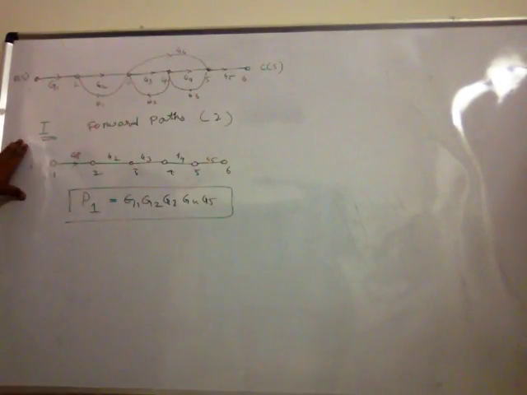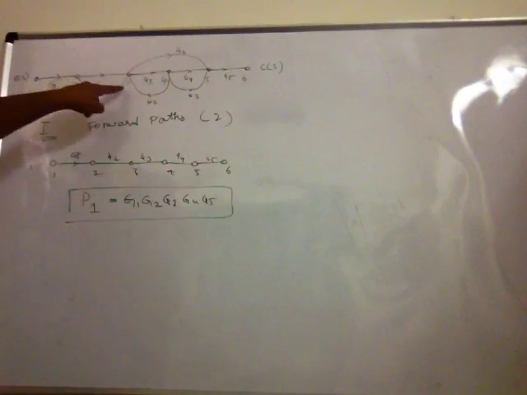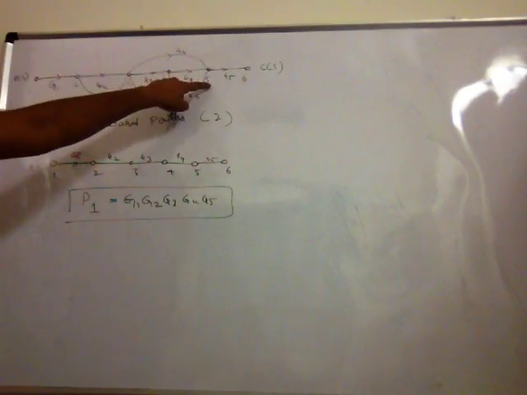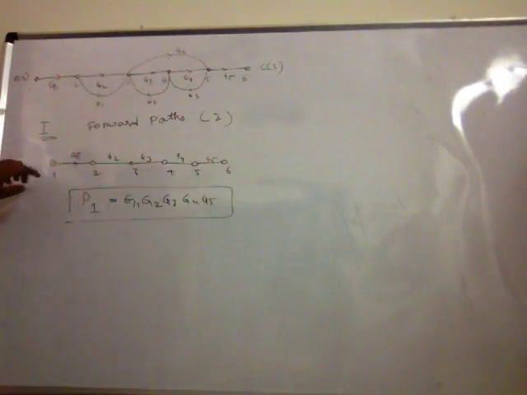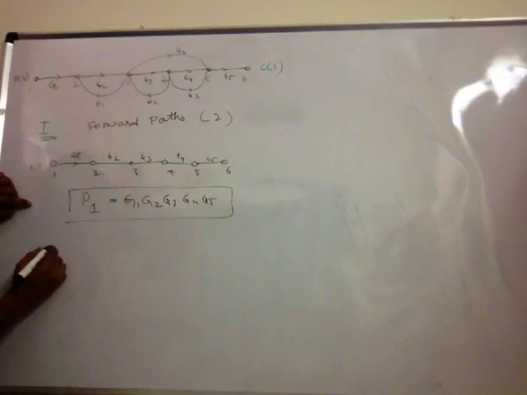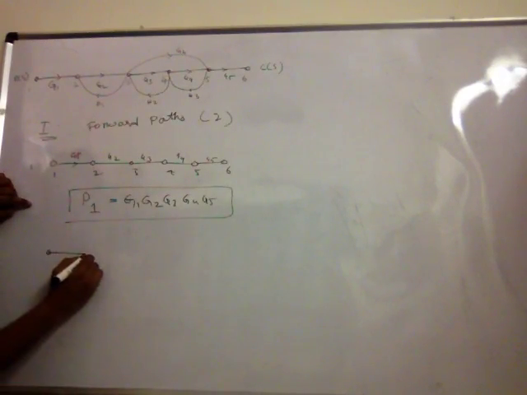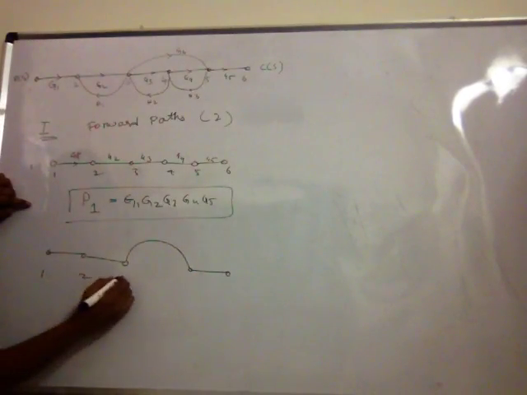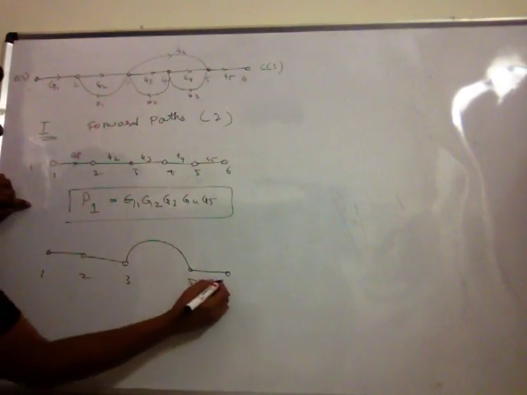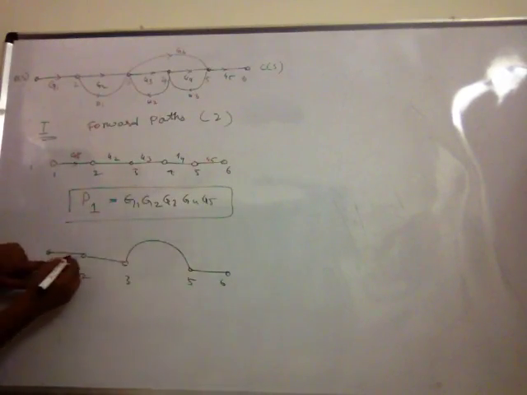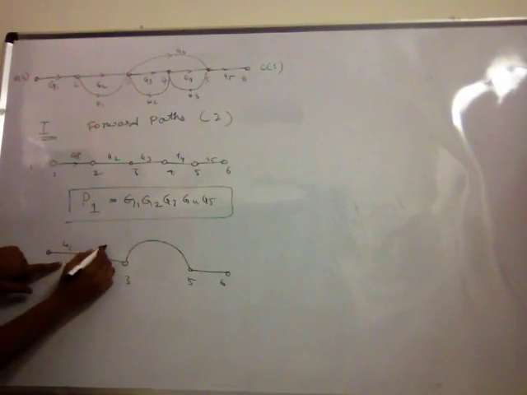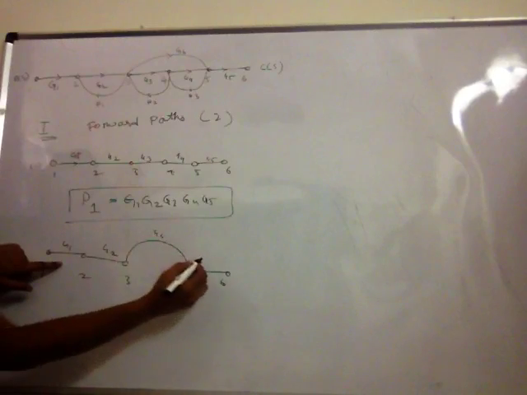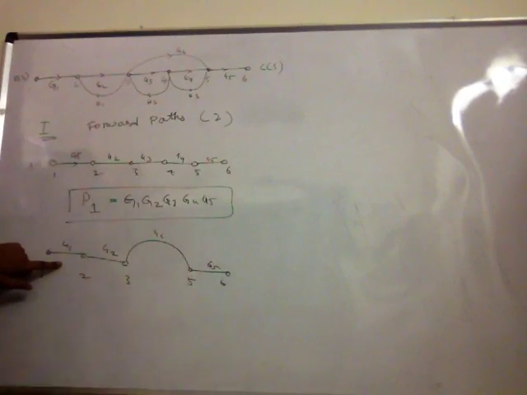Now let us find the second forward path. As you can see in the signal flow graph, the second forward path is 1, 2, 3, and then it jumps to 5 and goes to 6. So the second forward path is 1, 2, 3, 5 and 6. The individual gains are G1, G2, G6 and G5.